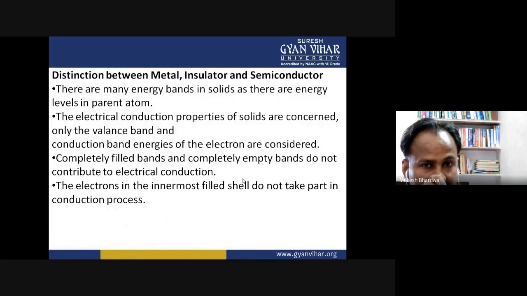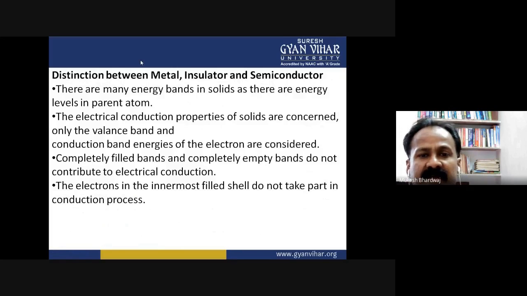Distinction between metals, insulators and semiconductors. We had discussed metals, insulators, and semiconductors, and they are characterized on the basis of the energy band diagram, and that is the most important basis to differentiate metals, insulators and semiconductors.